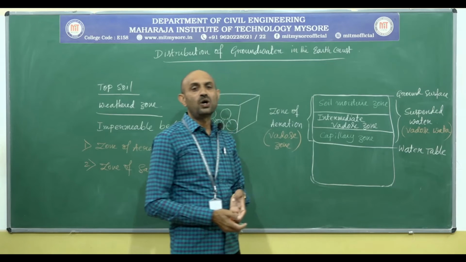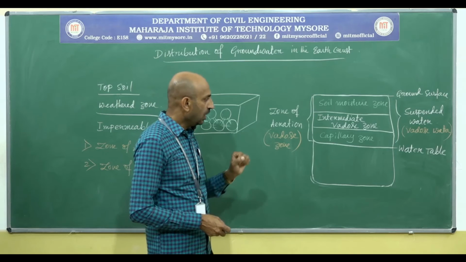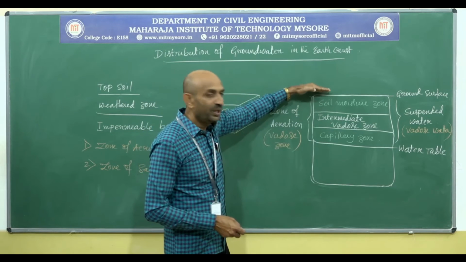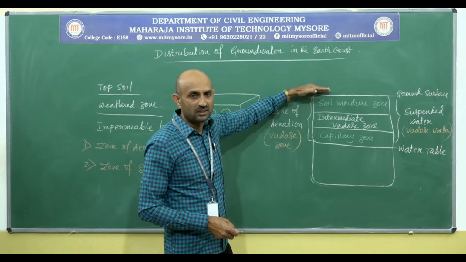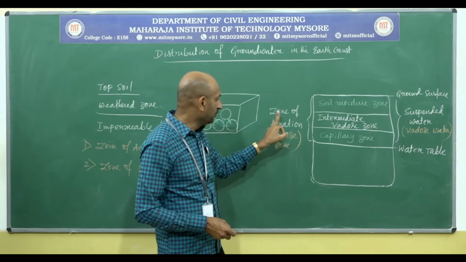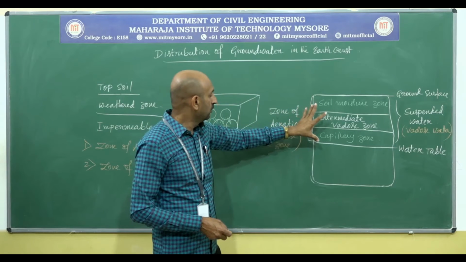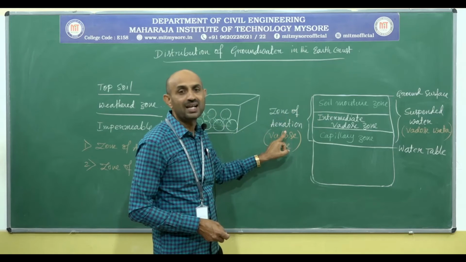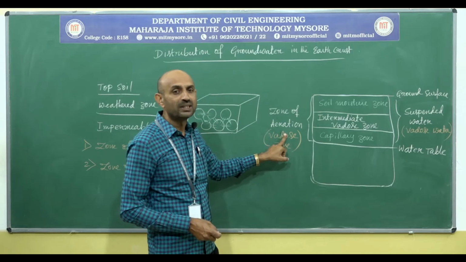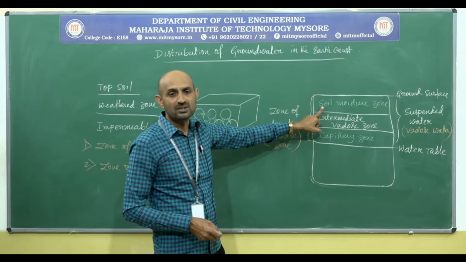What is soil moisture zone or soil water zone? When it is ground surface, totally together it is called the zone of aeration. The uppermost portion of the zone of aeration is called the soil water zone or soil moisture zone.